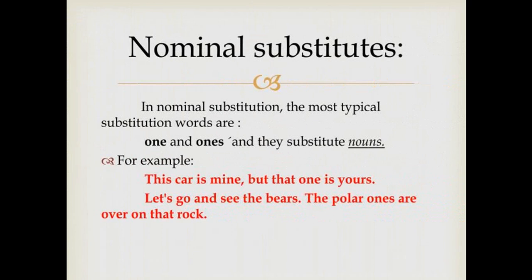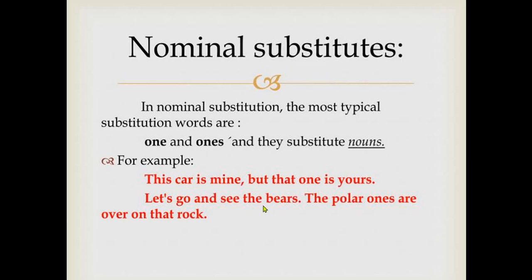Nominal substitution: the most typical substitution words are one and ones, and they substitute nouns. For example, the car is mine, but that one is yours. Here the pronoun one substitutes the word car.